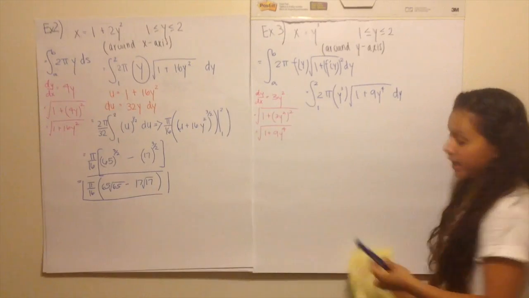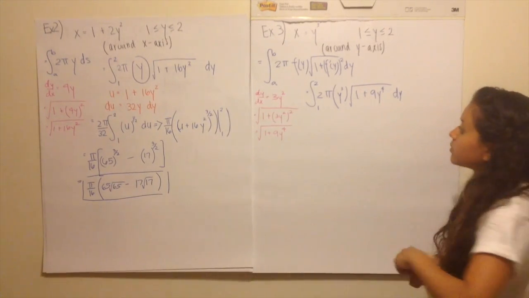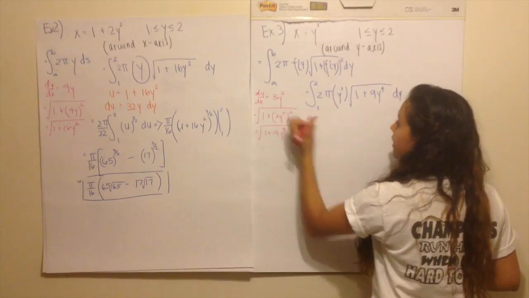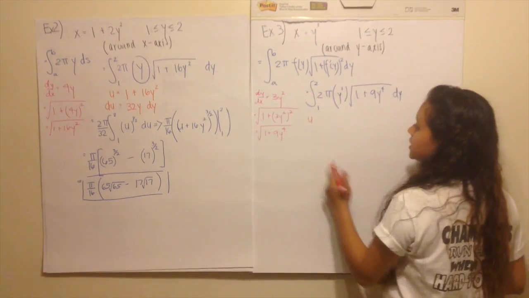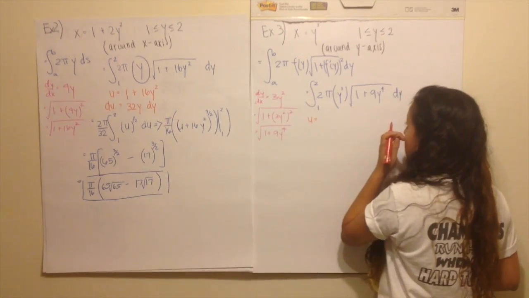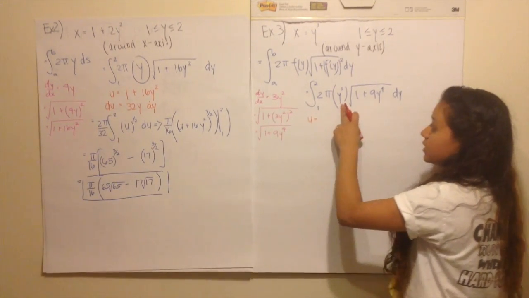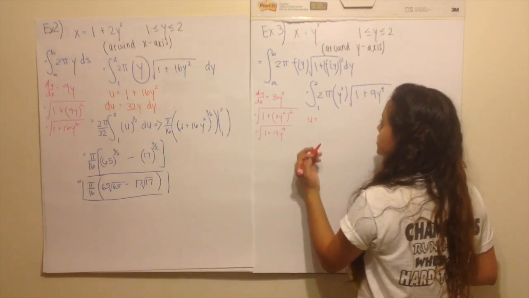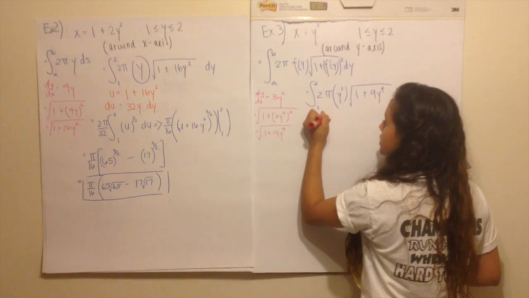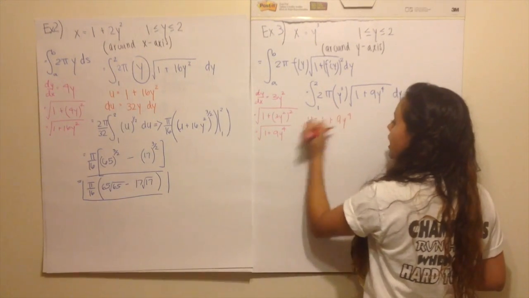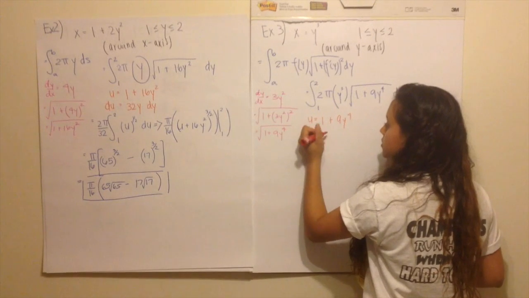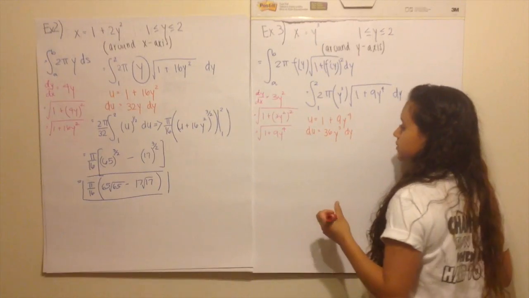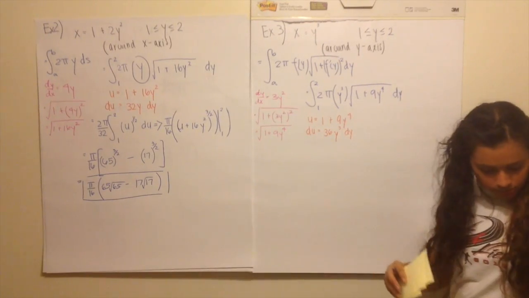So as you can see again, we're going to have to use u substitution. We let u equal 1 plus 9y to the 4th power so that it can all be easier for us to integrate. So u equals 1 plus 9y to the 4th power, so du equals 36y cubed dy.